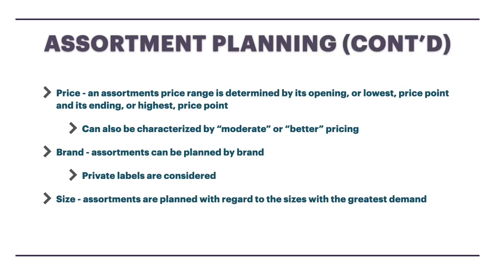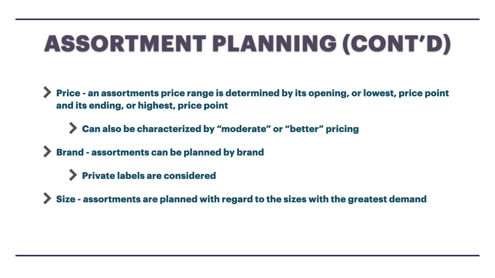Price. An assortment's price range is determined by its opening or lowest price point and its ending or highest price point. It can also be characterized by moderate or better pricing. Brand. Assortments can be planned by brand. Private labels are considered. Size.